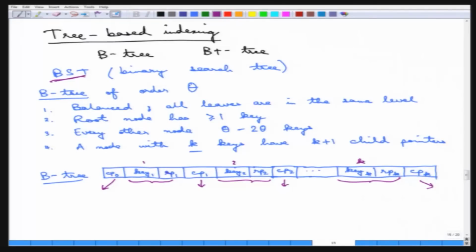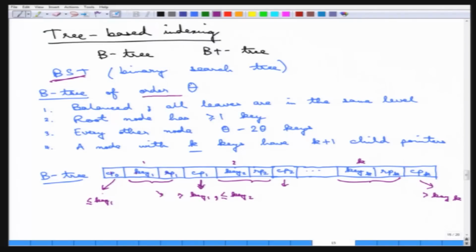This child pointer contains all the keys that are less than key 1. This child pointer contains all the keys that are greater than key 1 but less than key 2, and so on and so forth. So this is everything that is less than key 1, and this is everything that is greater than key k. Technically, this has to be less than or equal to. But that is the whole idea, and it is organized in that entire manner.